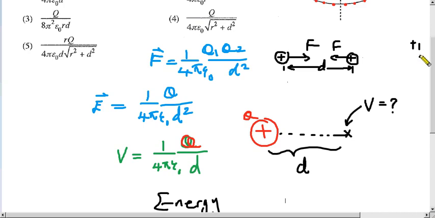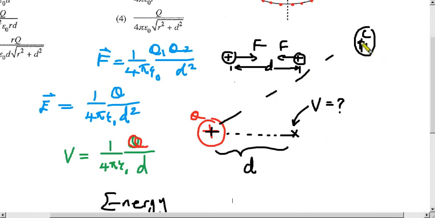Why? If we bring 1 coulomb from infinity to the point they indicate, because this one is positive and this one is also positive, what happens? This second charge, the unit charge, is repelled like this. So it is very difficult to bring it here.